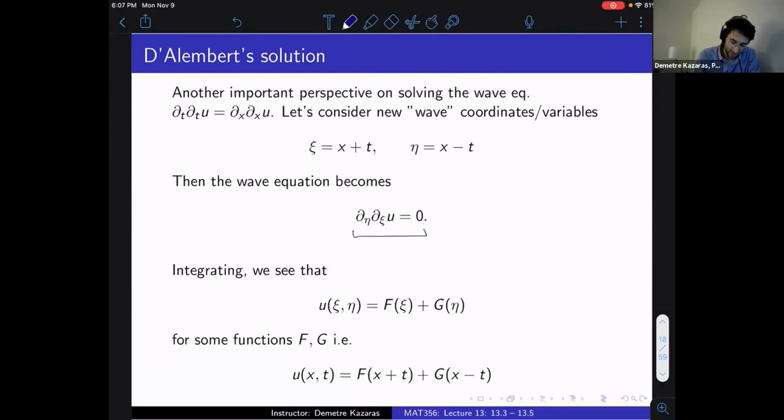So, integrate this with respect to eta: partial xi u is just some constant with respect to eta, so it could still depend on xi. Also, you could write this as partial xi, partial eta of u equals 0. That also tells you that partial eta of u is just constant with respect to xi, so that's just a function of eta.